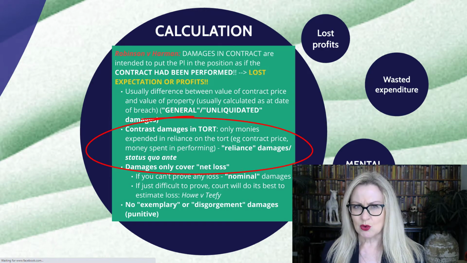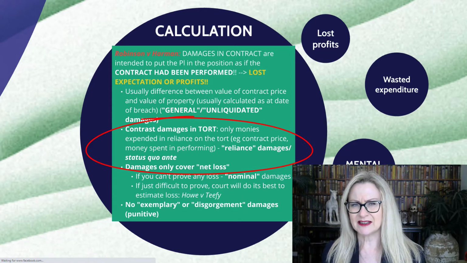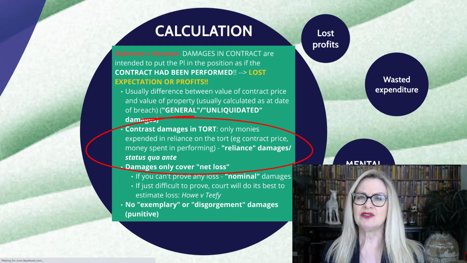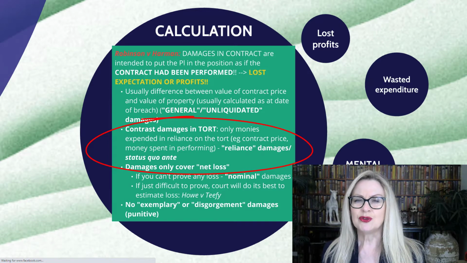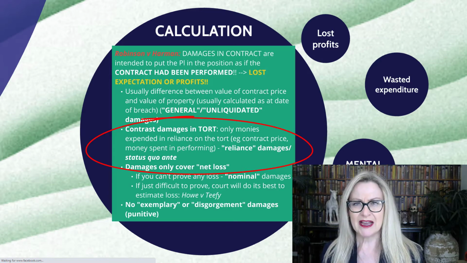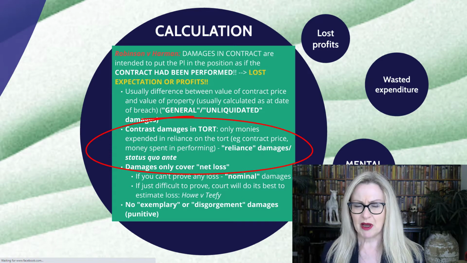Contrast damages in tort. These are sometimes called out-of-pocket damages. So you'll only get monies expended in reliance on the naughty conduct, in reliance on the tort. For example, monies that you paid out for the contract price, money spent in performing whatever part of the contract has been performed. So these are sometimes also called reliance damages.